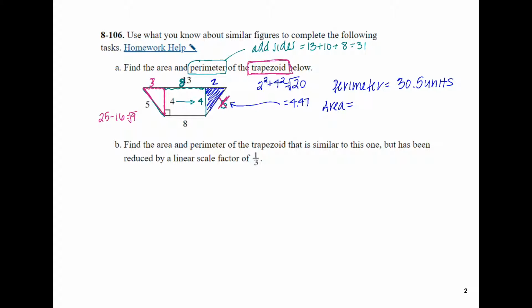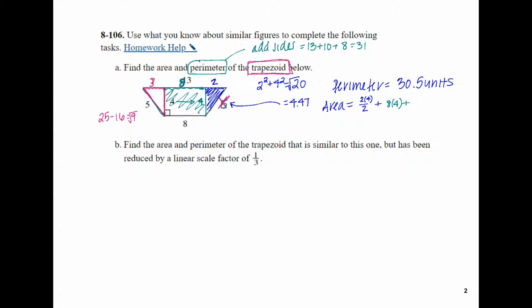I know the area of my blue triangle is the base, which is 2, times 4 divided by 2. I'm going to add that to the area of my rectangle, which is 8 times 4.